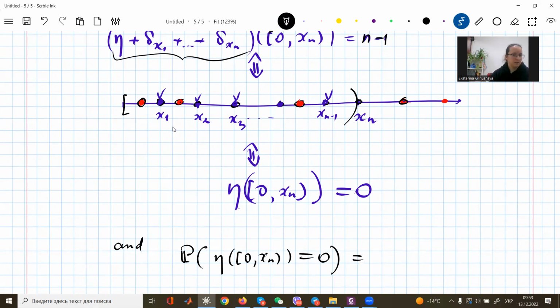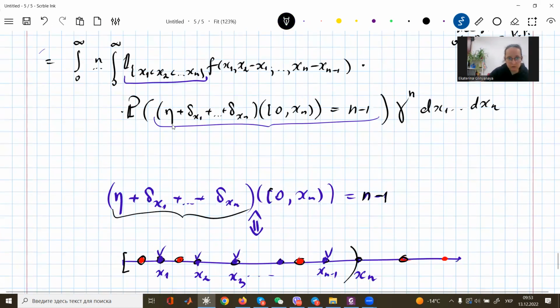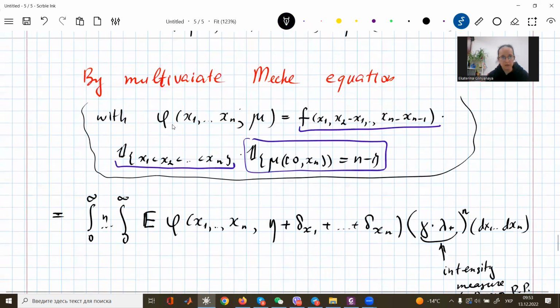We just recalled what this probability is. It is just e to the power minus gamma times the length of the interval, xn. So I substitute this value for this probability. And I will continue.